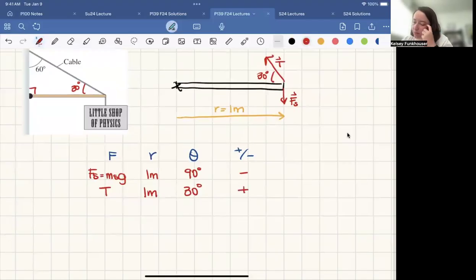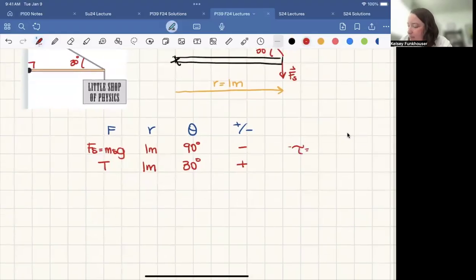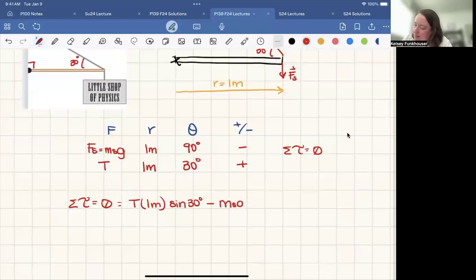So now we're trying to find the tension, and we know that the net torque is 0. There's no rotation happening here, so we can use that to solve for the tension. Tension times 1 meter times sine of 30 degrees minus the mass of the sign times g times 1 meter times sine of 90 degrees equals 0.